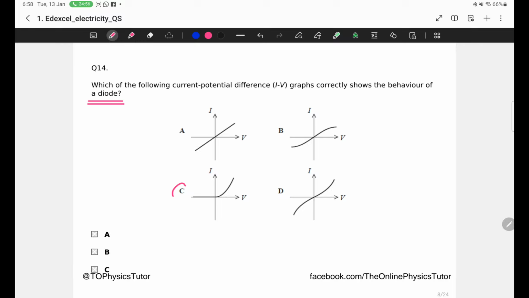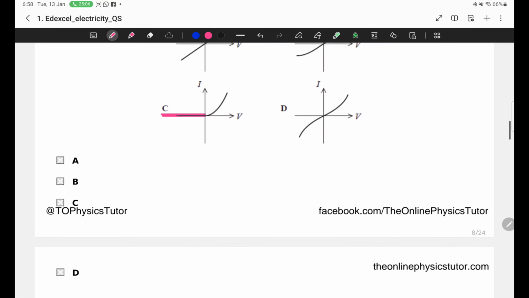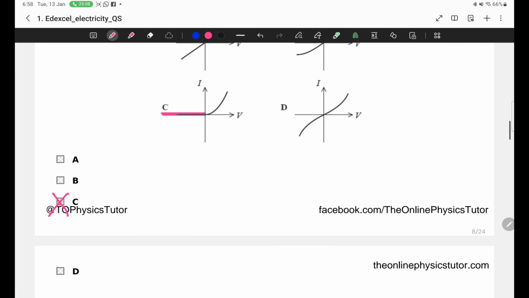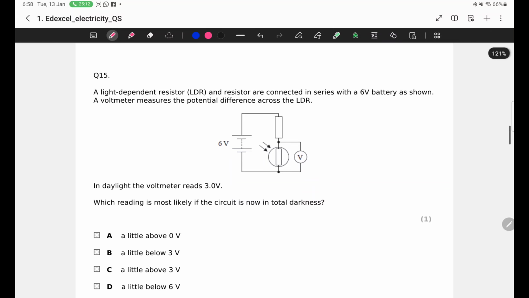Yes, you are right. It is C, because when the polarity of the source is reversed, there is no current. This means this is the graph of a diode. And now this is a question about LDR. You should know this is the symbol of LDR.